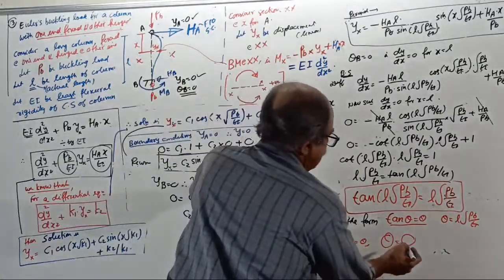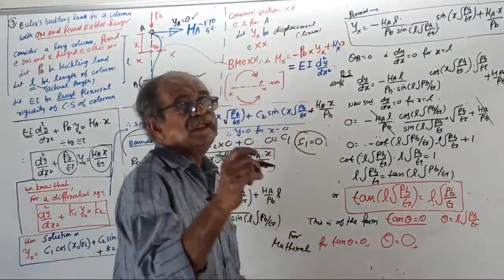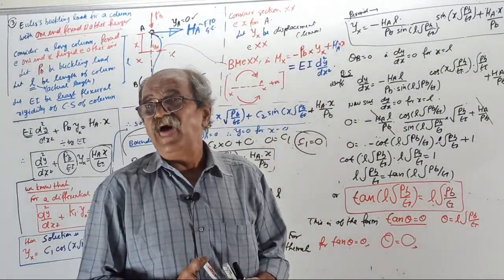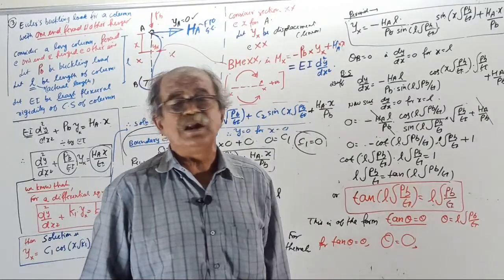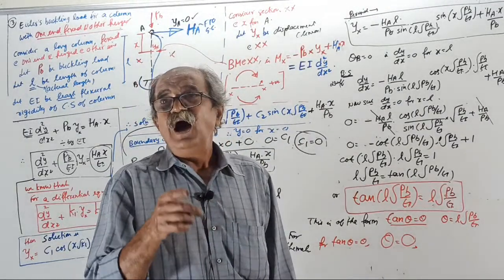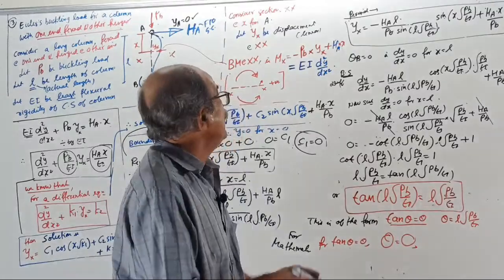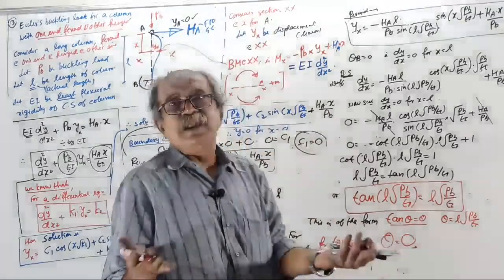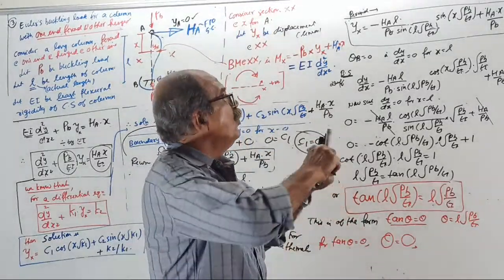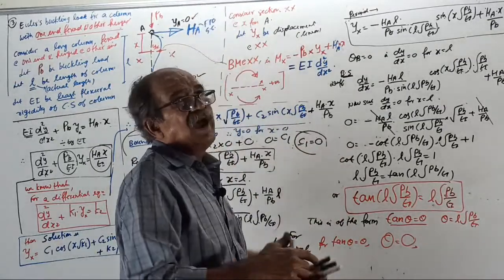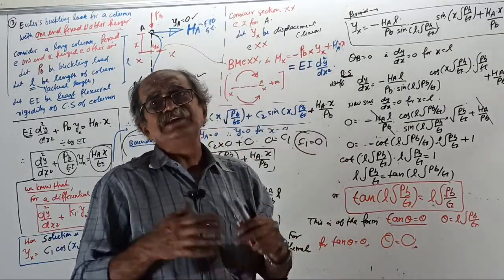The next number is a unique number. I will tell you what that number is. For 0 radians, tan 0 equal to 0.